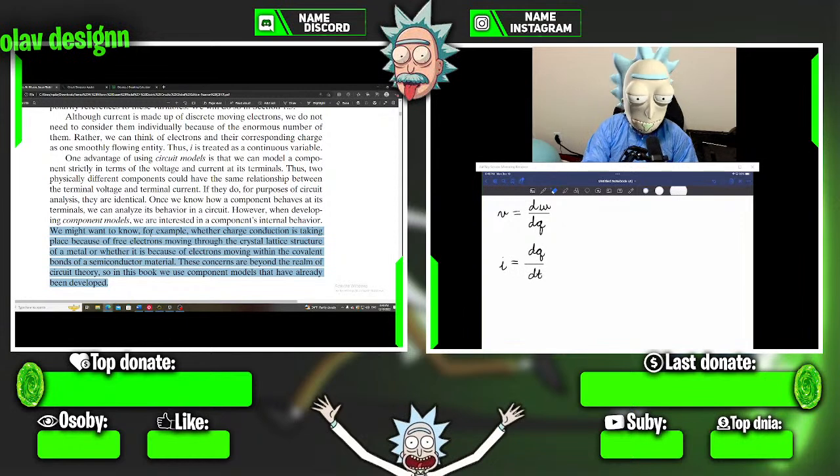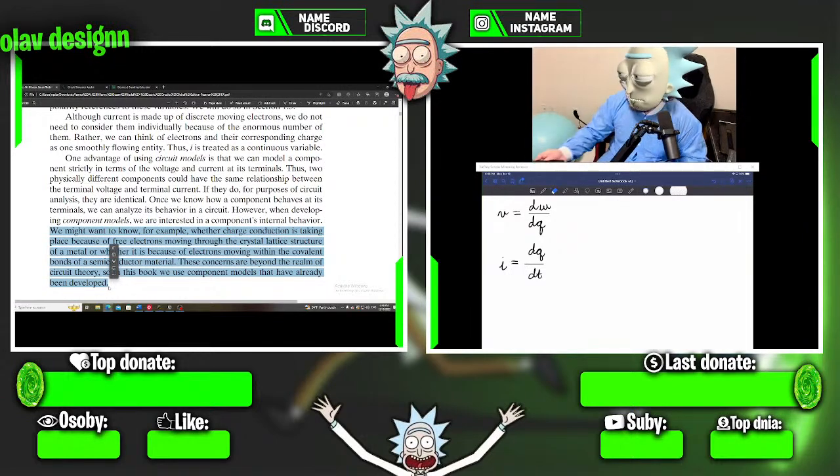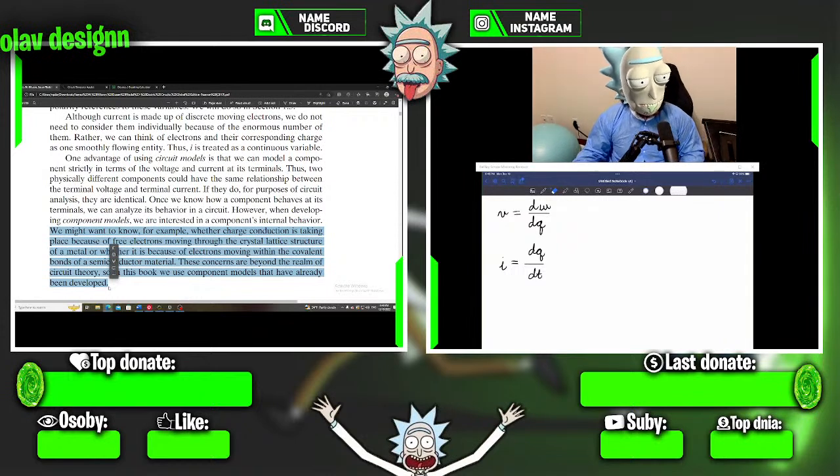So in this book, you may use component models that have already been developed. We're not going to deal with the physical phenomena involved. What actually makes the circuit run? We don't care about the way the electrons move.